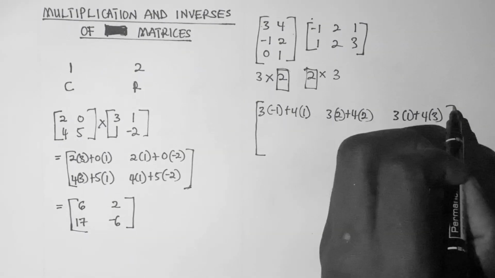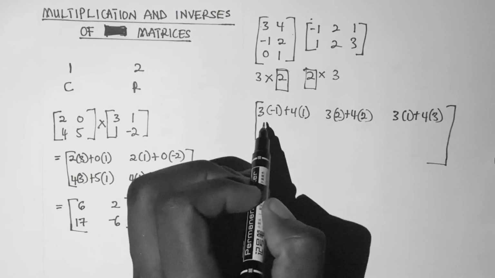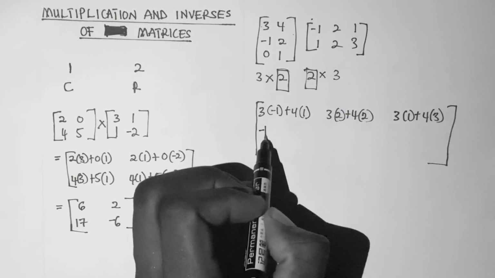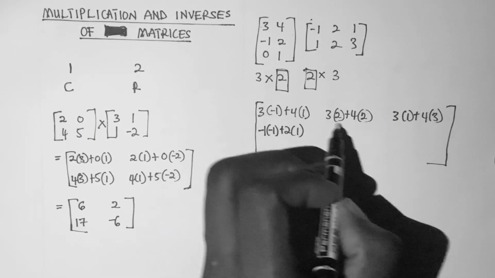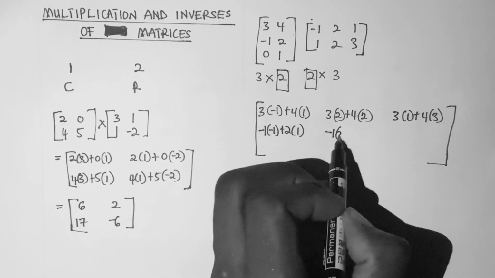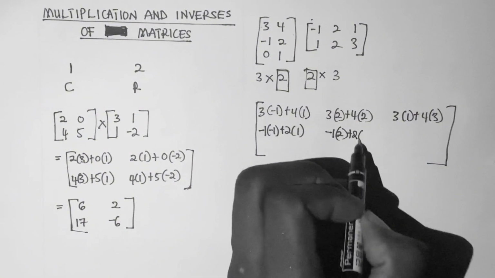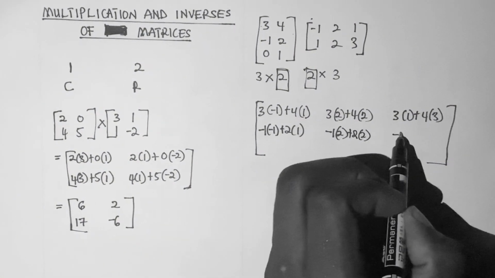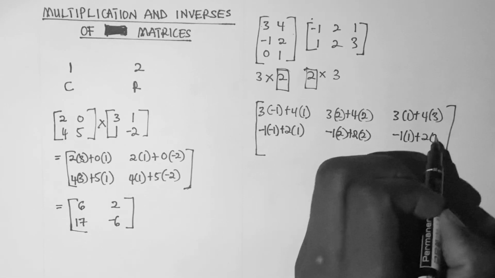And then let's close the bracket here. And let's take this row, minus 1 and 2. So here will be minus 1 times minus 1, then plus 2 times 1. And then this side will be minus 1 times 2, and then plus 2 times 2. Then here will be minus 1 times 1, and plus 2 times 3.